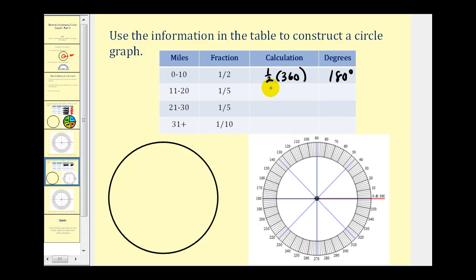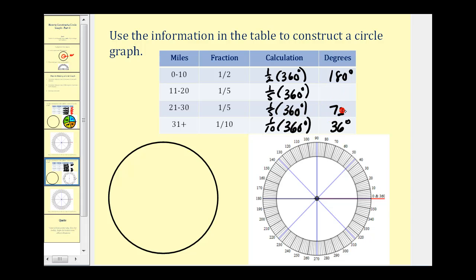To find 1/5 of 360, we multiply 1/5 and 360 degrees. This is the same. The last is 1/10 of 360 degrees. Well, I know 1/10 of 360 degrees would be the same as dividing by 10, so this is 36 degrees. And then 1/5 is 2/10, so we can just multiply 36 by 2 to find 1/5 of 360 degrees.